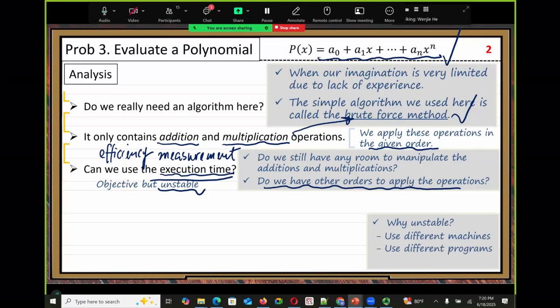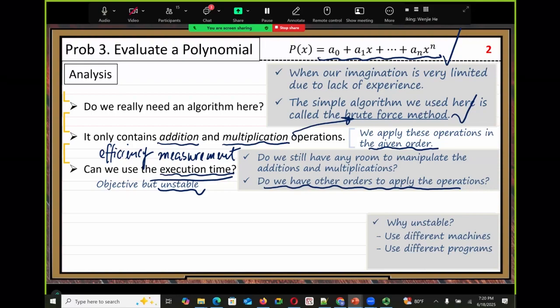Another one is from the software perspective. When you write programs, even if you use the same hardware, different programmers implement the algorithms differently, right? Experienced programmers and beginner programmers may implement the same algorithm, but the result could be different.